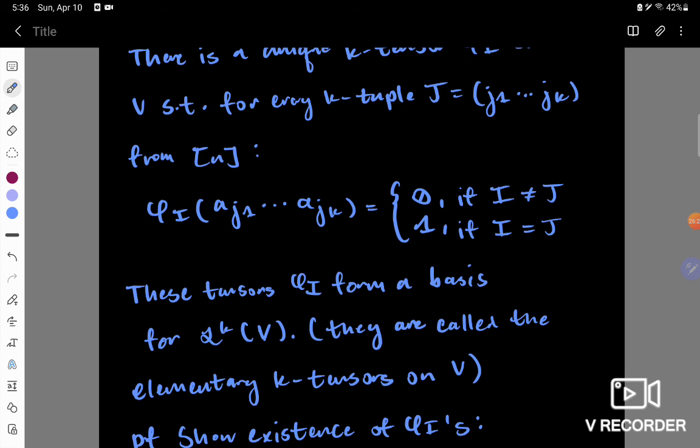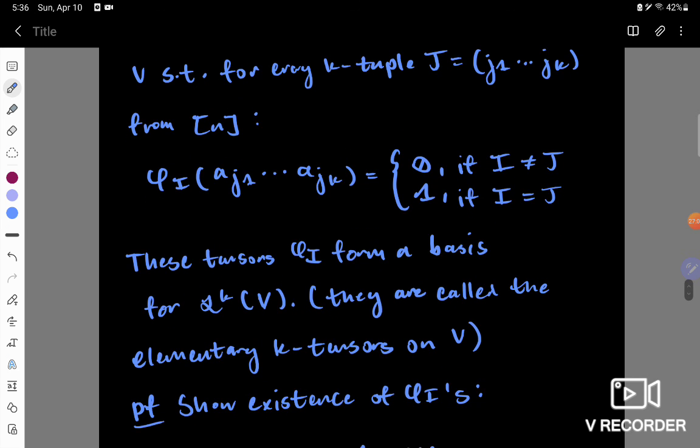Hence, if you take the summation over G, which is equal to the scalars of all d sub J times phi sub J, we have this phi sub J is only going to be equal to 1 times the scalar if I equals J and 0 otherwise. So taking the sum over all of those indices where I and J differ is just going to yield 0, and hence they are vacuous in the sum. But if we take the ones where I and J are equal, we simply get just the scalar d sub I. So that's just by this equation over here.